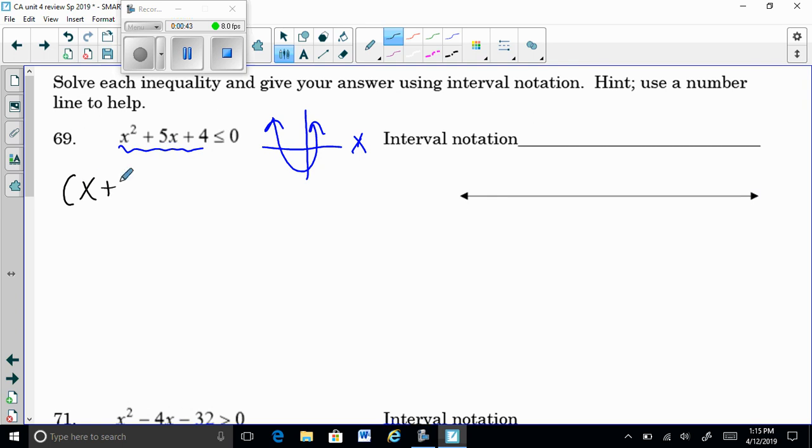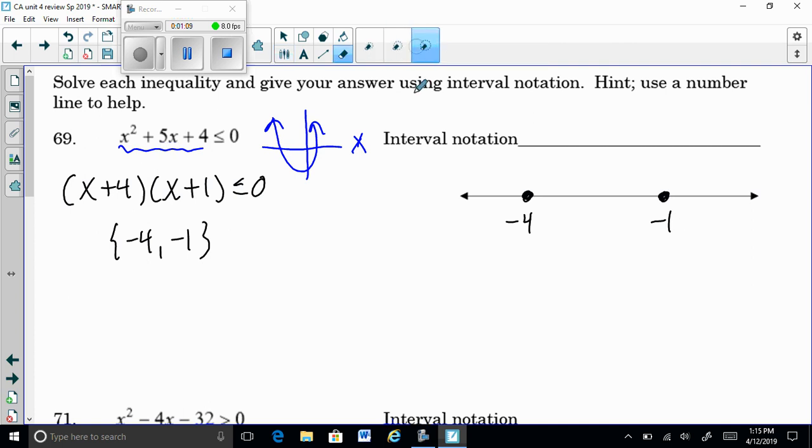It should factor into (x + 4)(x + 1). We want to know when that's less than or equal to 0. Well, the x-intercepts are going to be at -4 and -1. On this number line, we'll include these values, -4 and -1.